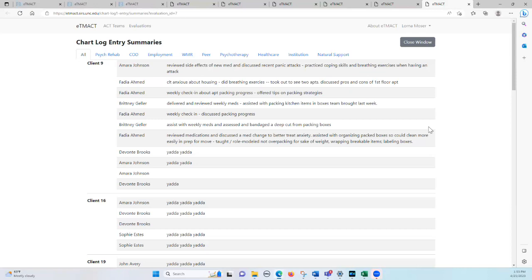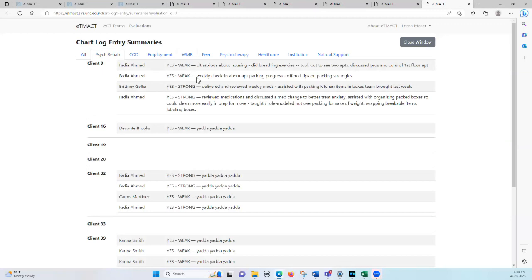This is where we could see all the notes. And then they're organized by those domains. So we can go to Psych Rehab and say, who got strong examples for this chart? We can read the summary note and check to see whether strong appeared to be accurate or no.